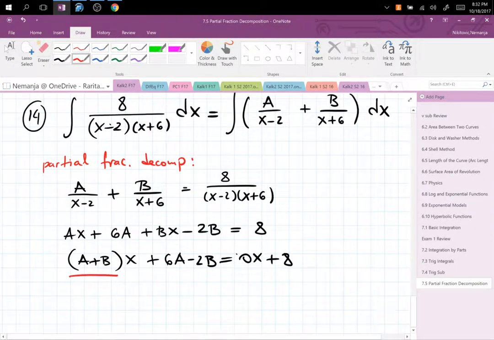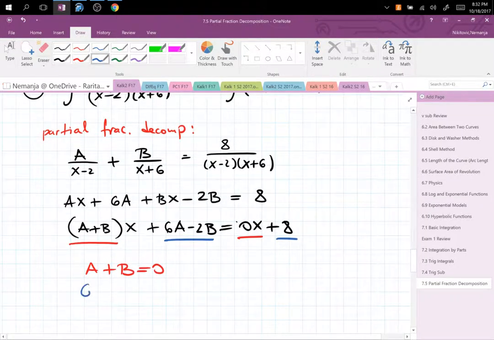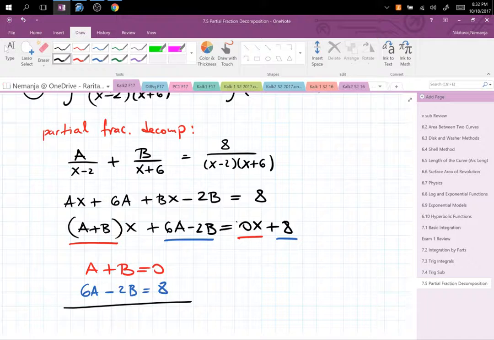So, comparing these two terms, I know that a plus b is equal to 0. Comparing these two terms, which are constant terms, I know that 6a minus 2b is equal to 8. And now we solve this. Elimination, substitution, matrix, magic beans, whatever works.